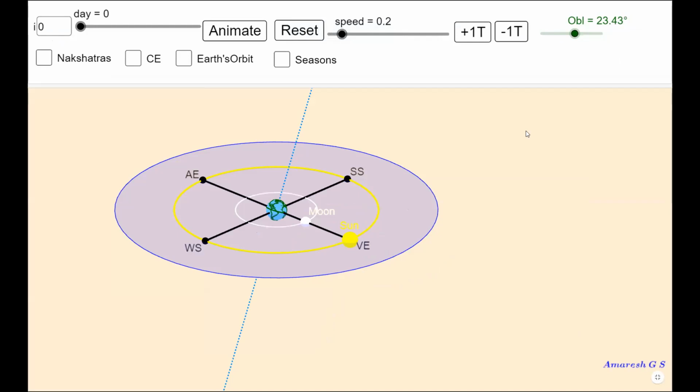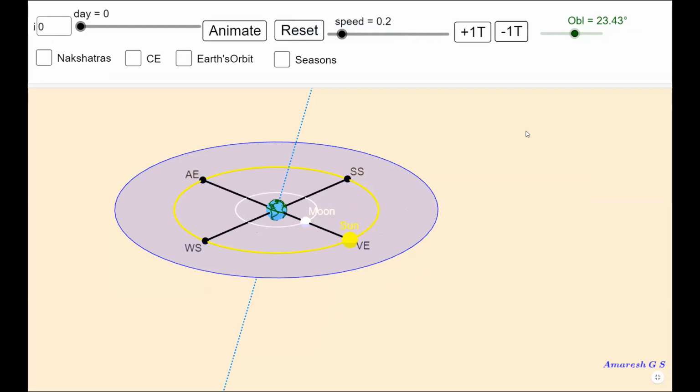The Earth is at the center. It is inclined at an angle of about 23.5 degrees with respect to the straight vertical line, if we draw a straight vertical line that is 90 degrees to this plane of the ecliptic.